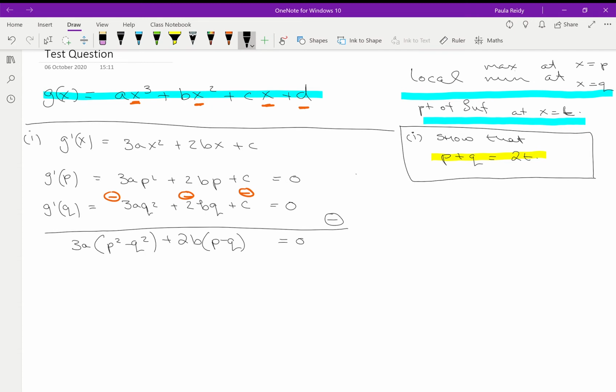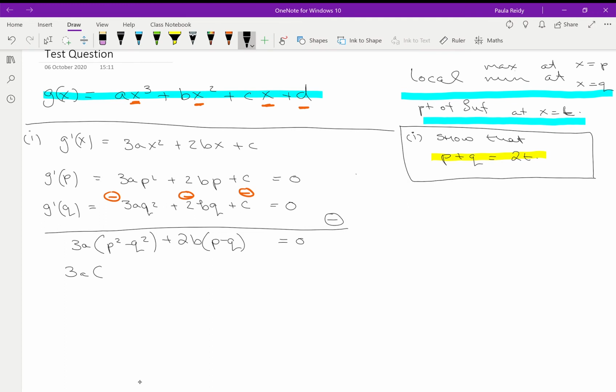And after I had done that, and not before, I was able to see that I have p squared minus q squared, which of course is the difference of two squares. That led me to factorize this because I could see the p minus q there.